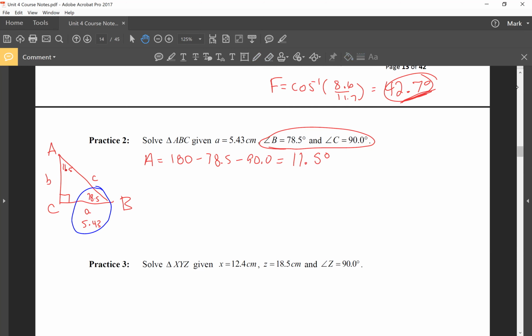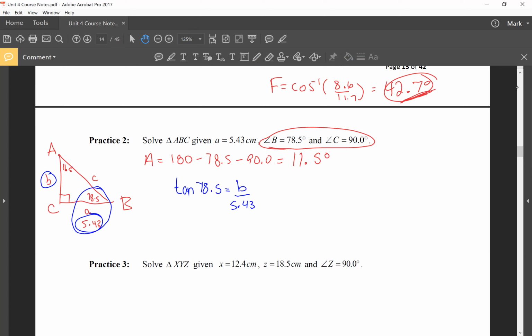So what I can do is say sine, or no, let's do tangent. Tangent 78.5 equals, now remember what tangent equals, opposite over adjacent, B over 5.43.